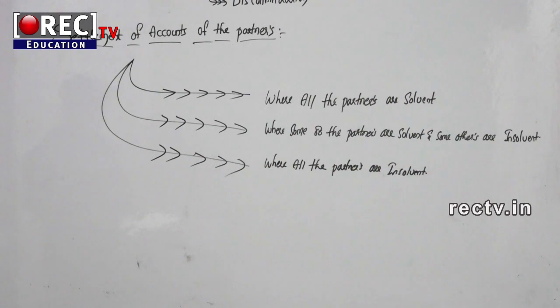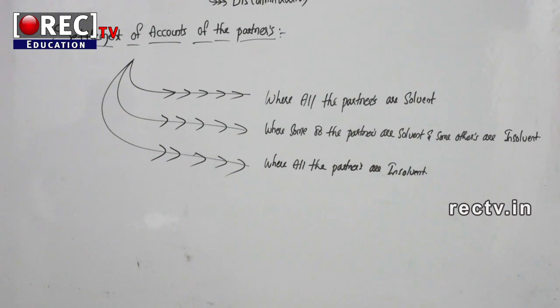Unless otherwise agreed, the decision requires that the solvent partners should bring in cash equal to their respective share of realization loss. So if Garner v. Murray is applicable, whatever profit or loss you have got in the realization account, you should bring back to the firm. So that should be brought in as cash.